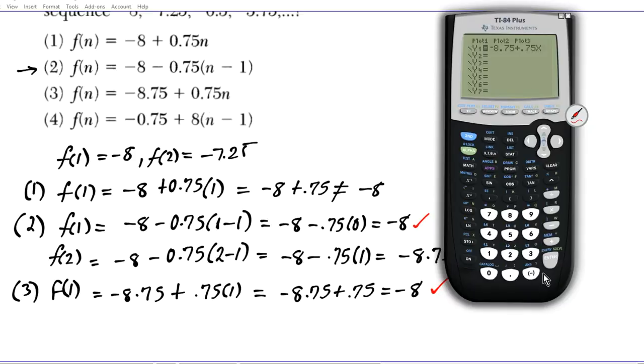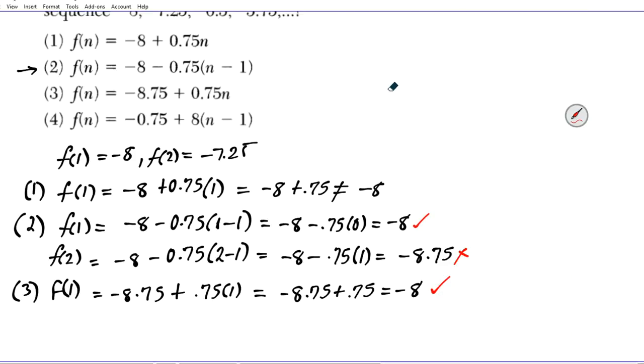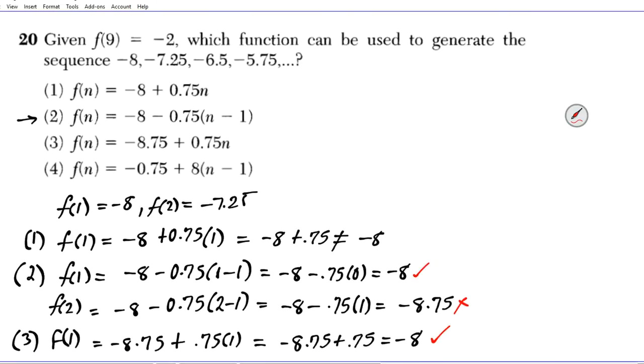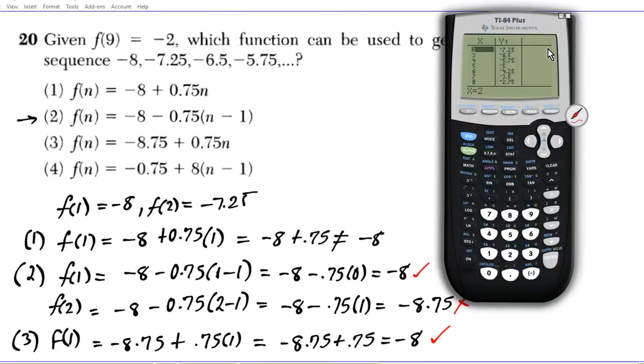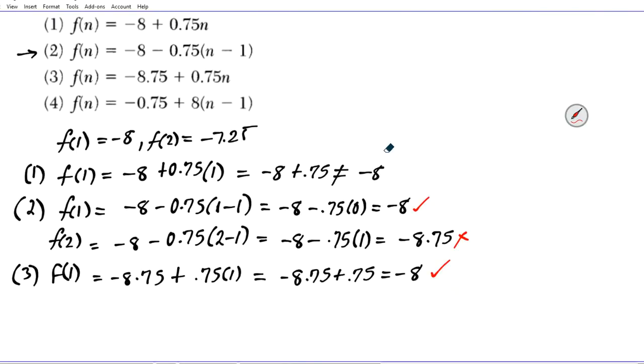So here you're just going to go to the table, okay? So look at the output values that we have there, and we're going to compare it with what we have here. So we have negative 8, negative 7.25, negative 6.5, negative 5.75. Well, that's perfectly correct. So we know for a certainty that our answer for number 20 is option number 3, just using our calculators to generate the output values.